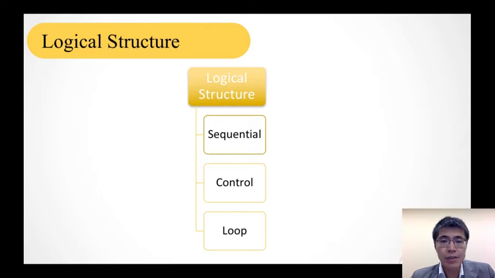There are 3 types of logical structure: sequential structure, control structure, and loop structure. We will leave loop structure to our next lesson, lesson 3, and talk about sequential structure and control structures in the following couple of slides.